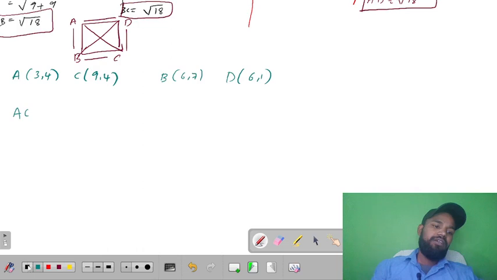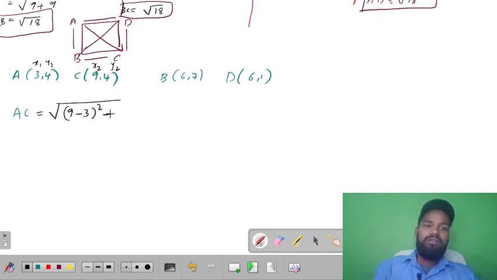AC equals under root. Now this is considered as x1, y1, x2, y2. Now x2 minus x1 whole square, so x2 is 9, x1 is 3, whole square, plus y2 minus y1 whole square. y2 is 4, y1 is 4.